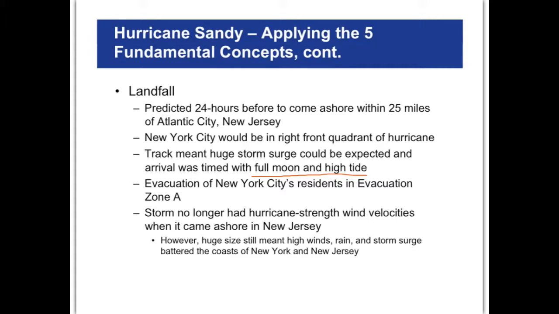Well, New York City was in the front right quadrant, and if you recall from before when we talked about storm surges, that's the area where you're going to have the highest storm surge. So New York City got a lot of water, a lot of flooding, a lot of power outages, all because of the storm surge that came in because of Hurricane Sandy.